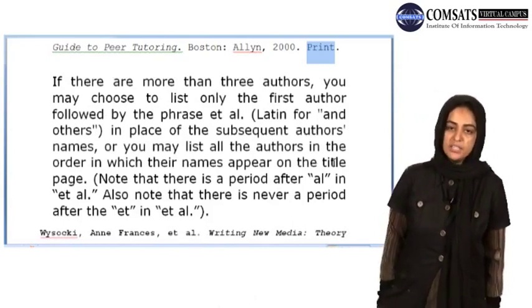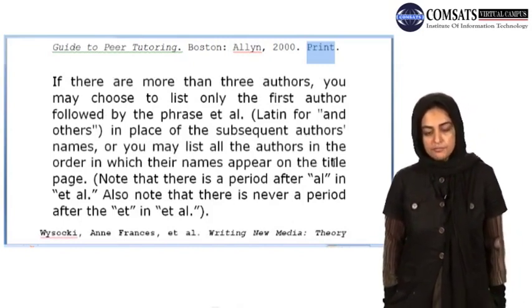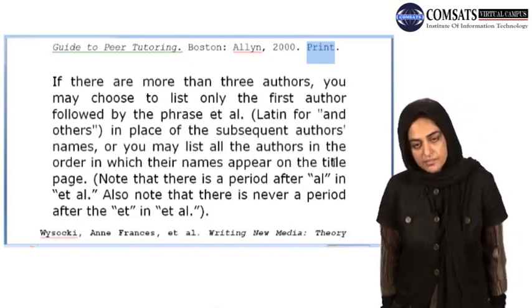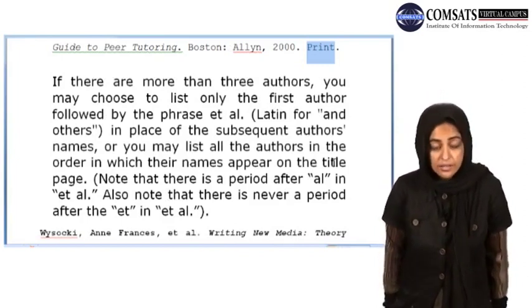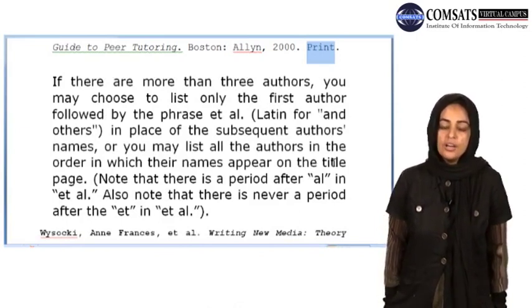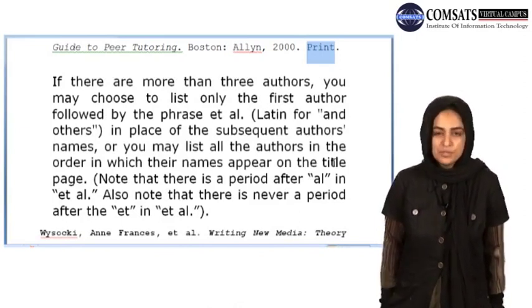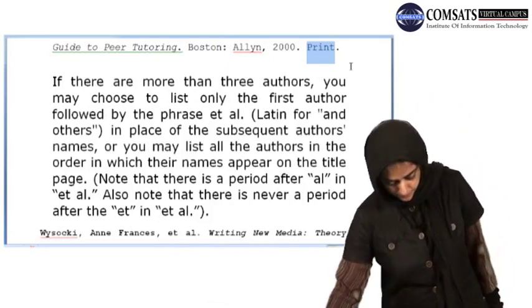Et means and, al means others. So after mentioning the name of the first author of the book, you can afterwards write et al. instead of giving the names of the rest of the authors of the book. Kindly have a look at the screen.